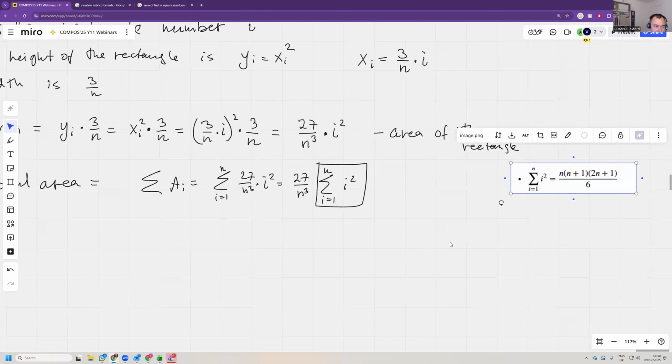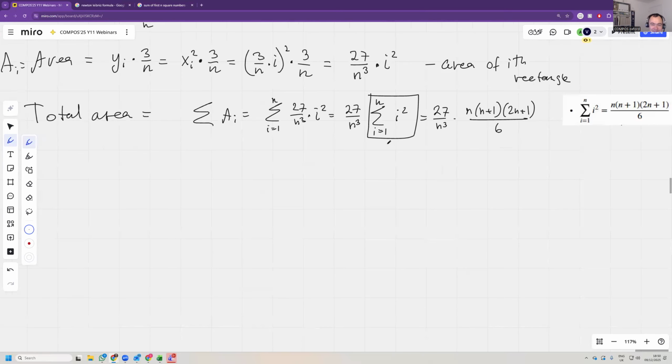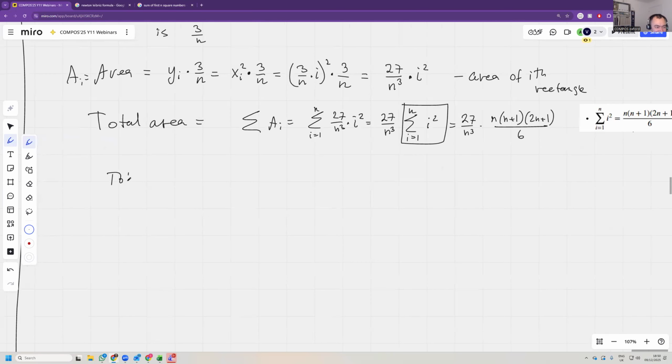And so that's going to be 27 over n cubed multiplied by n times n plus 1 times 2n plus 1, over 6. Lovely. And that's the total area. So the total area is, let's open the brackets: 27 over 6n cubed multiplied by n times 2n squared plus 3n plus 1.